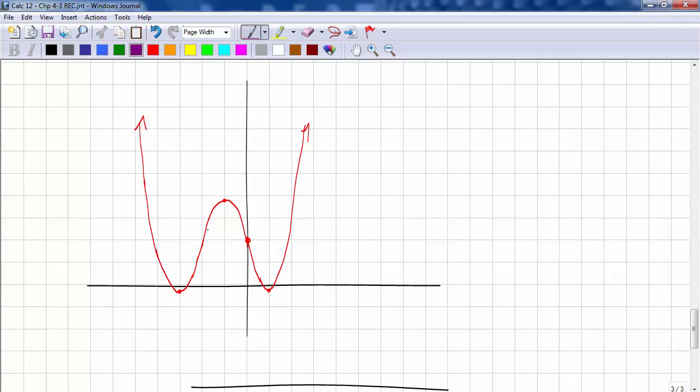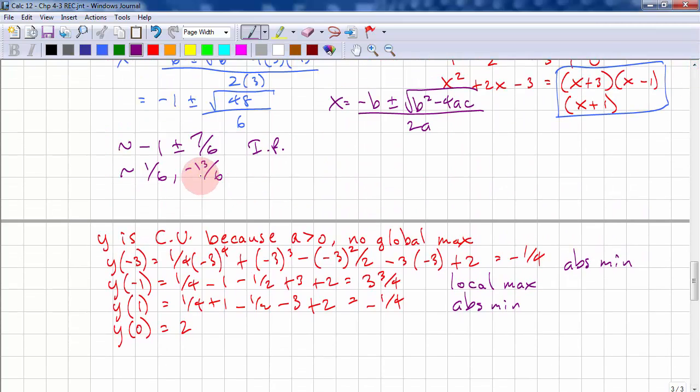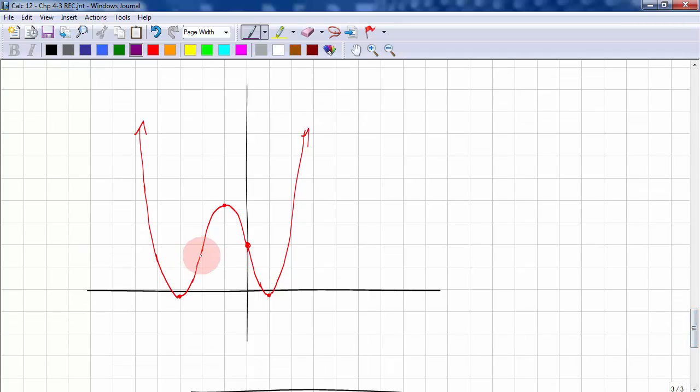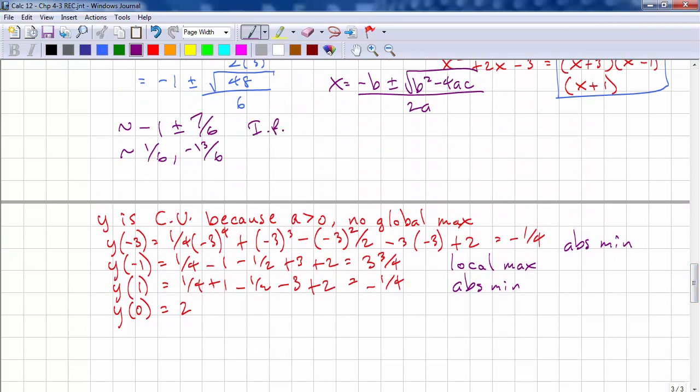Okay, just to the left of negative 2, because we have negative 13 over 6. So just to the left of it is going to be an inflection point. And just to the right of the y-axis, we have another inflection point, because 1 over 6 is just to the right of the y-axis.